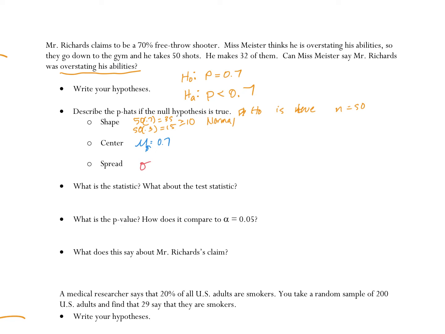The standard deviation of the p hats is the square root of 0.7 times 0.3 all over 50. And hopefully these formulas don't feel that icky because you've used them before. That's 0.065.